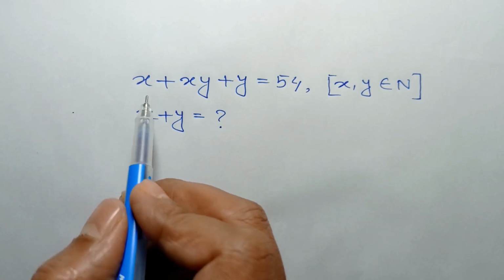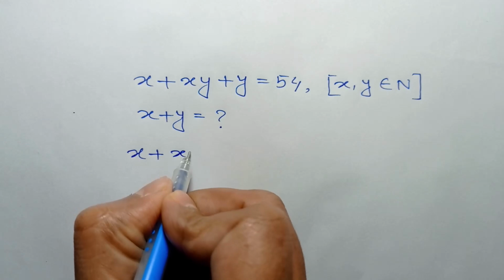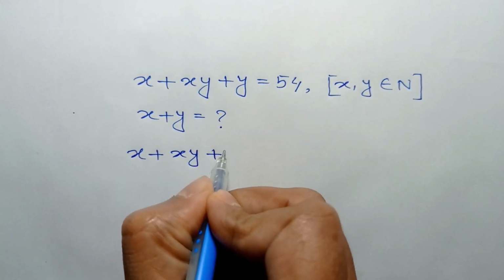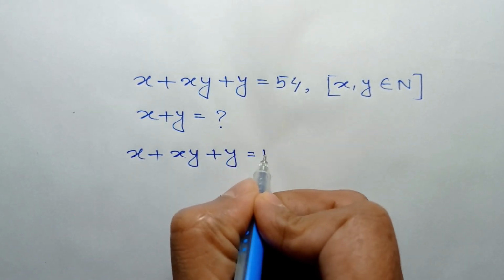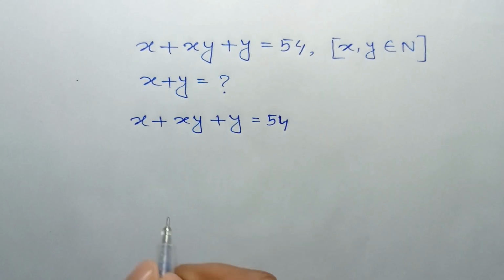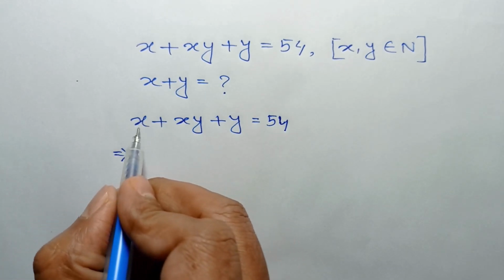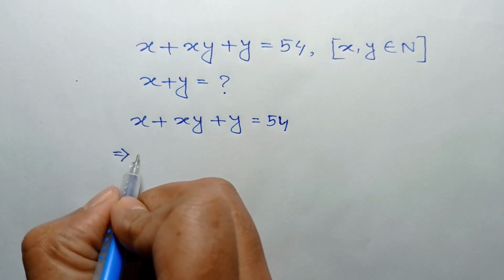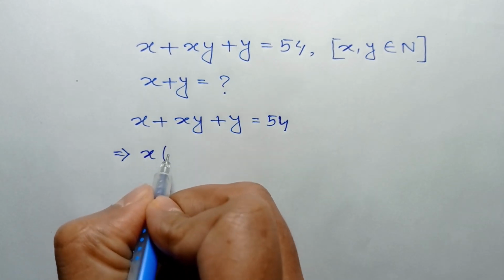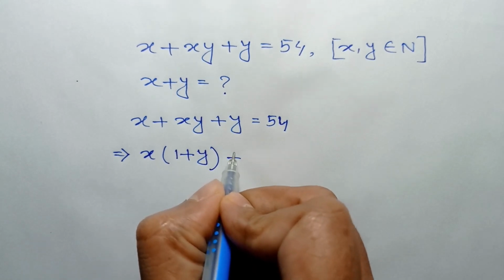Now from our given equation, x plus xy plus y is equal to 54. Taking common x from the first two terms, we can write x times (1 plus y) plus y.